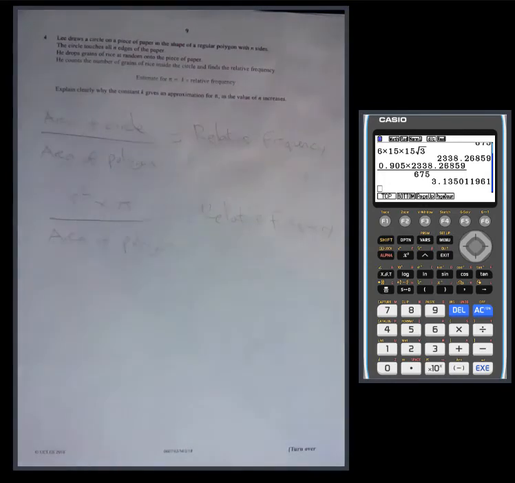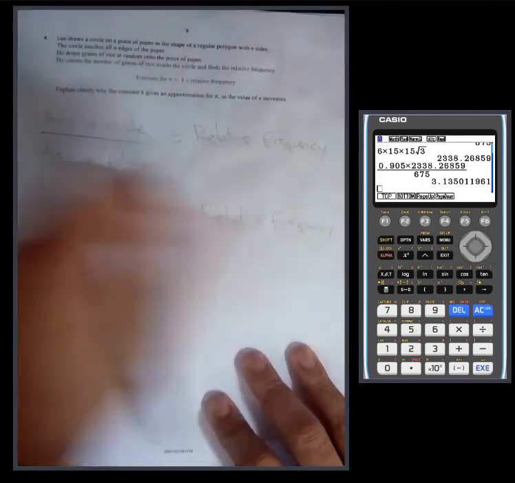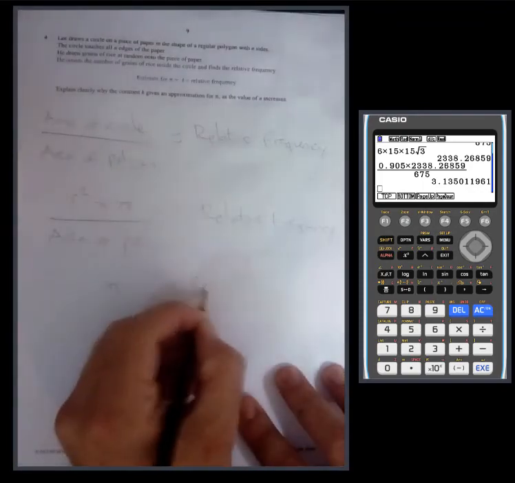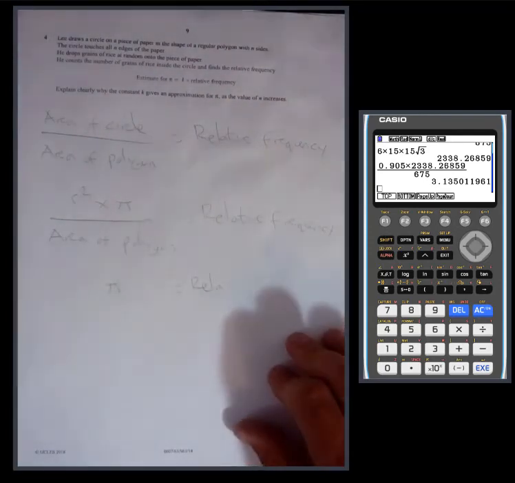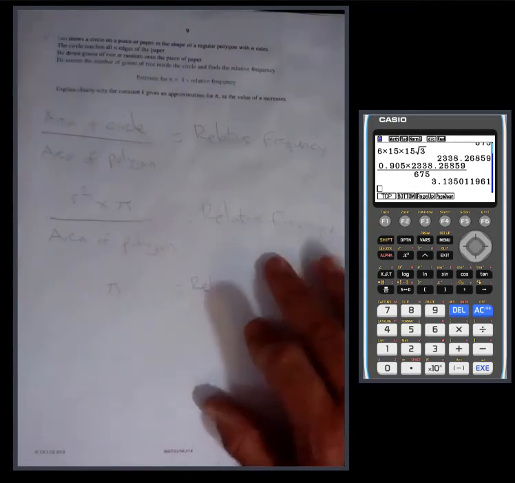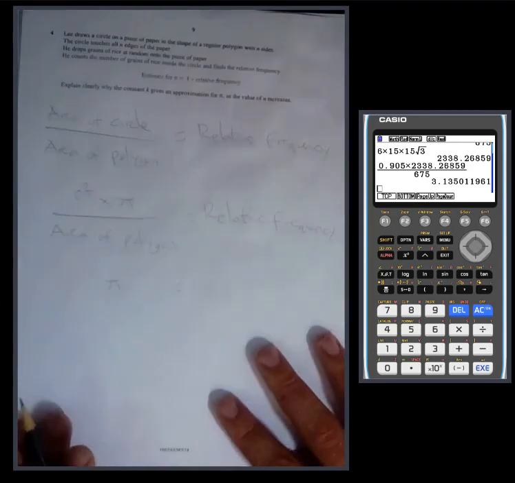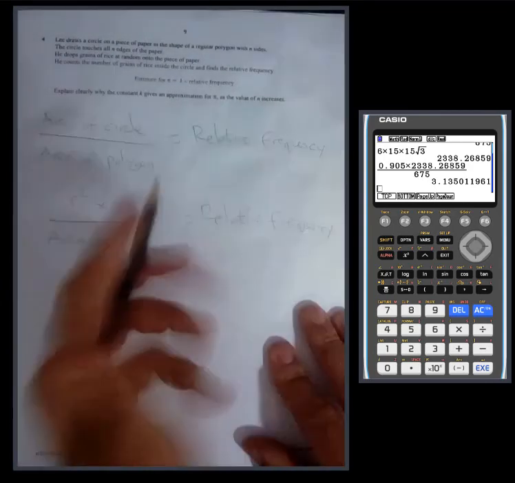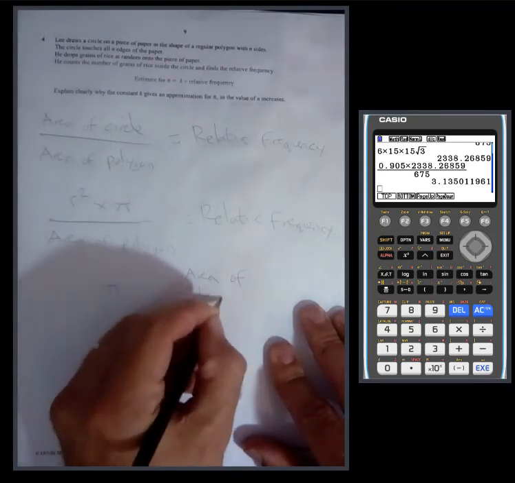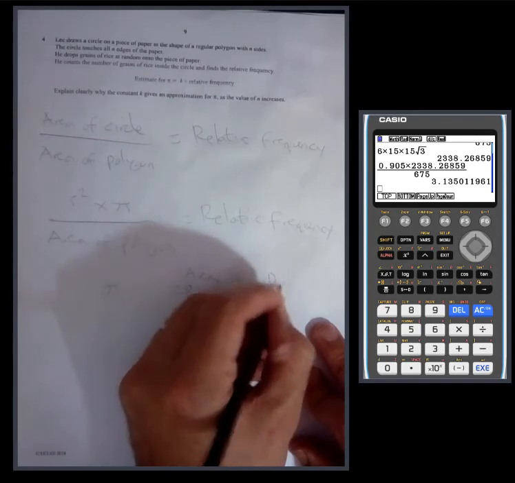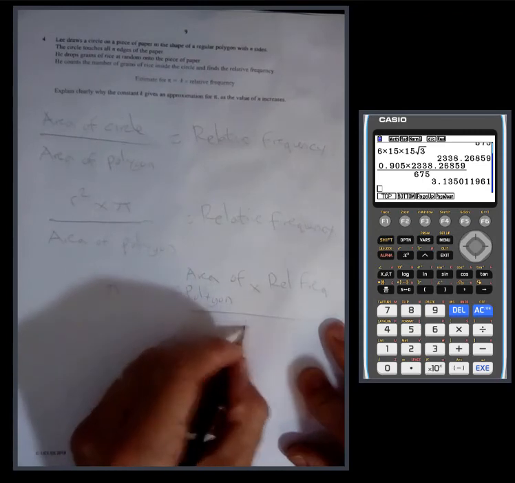So if we wanted to find our approximation for pi, the estimate for pi is area of polygon times relative frequency over r squared, right? That's our estimate for pi.